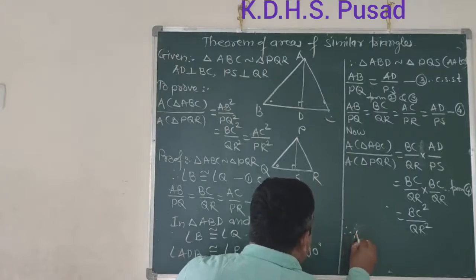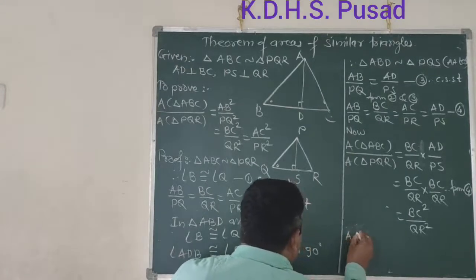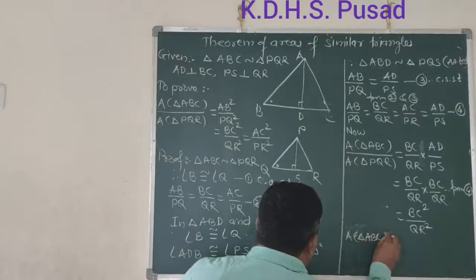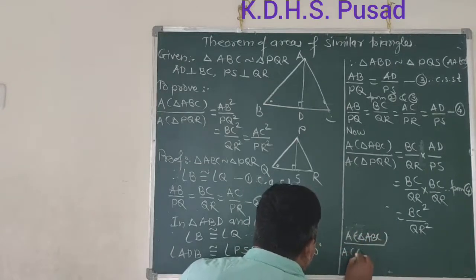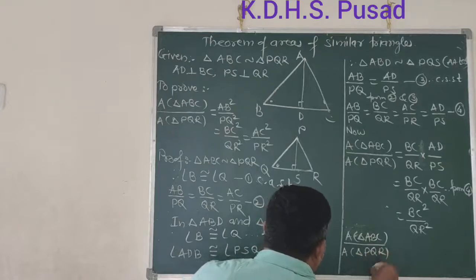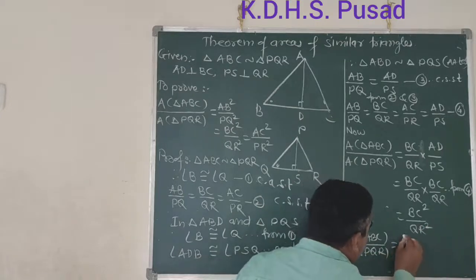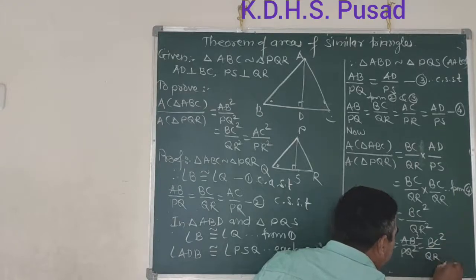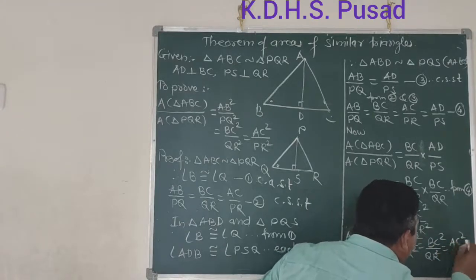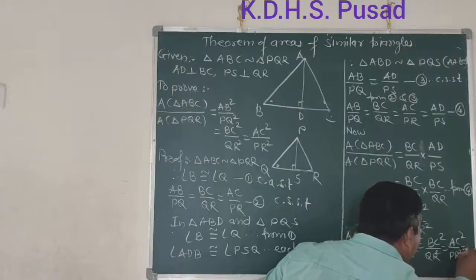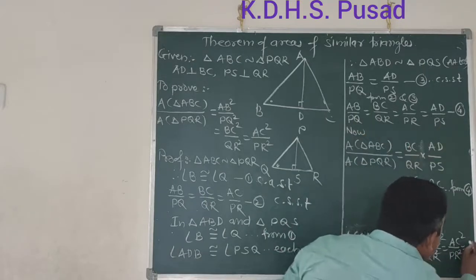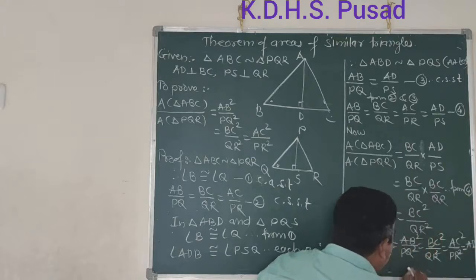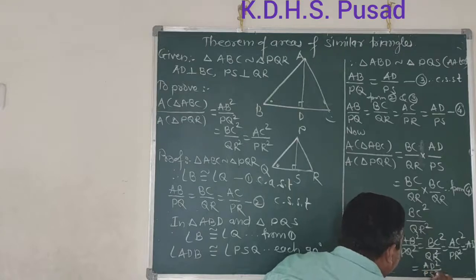Therefore area of triangle ABC by area of triangle PQR is equal to AB square by PQ square is equal to BC square by QR square is equal to AC square by PR square, as well as AD square by PS square.